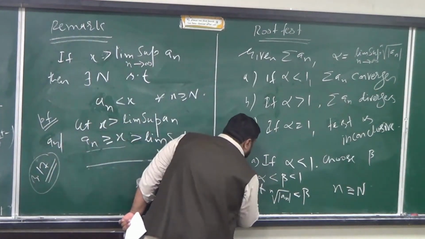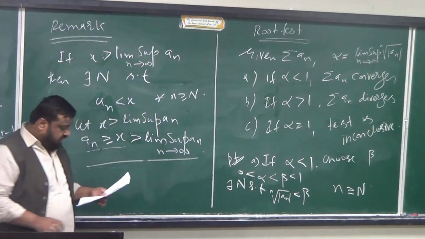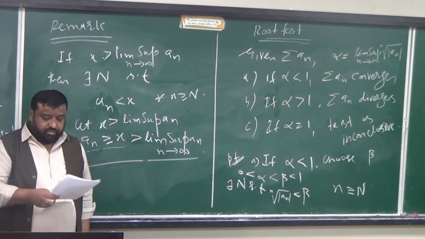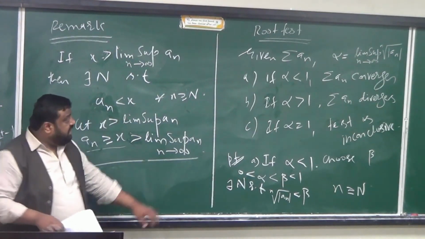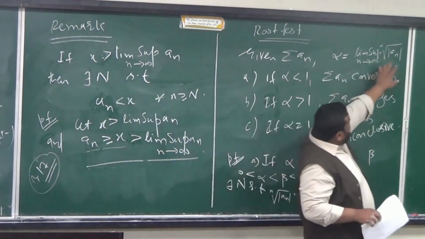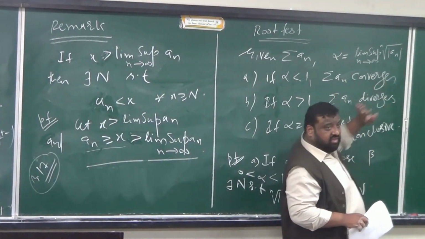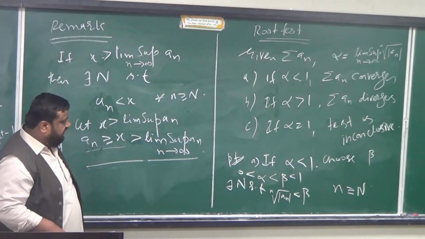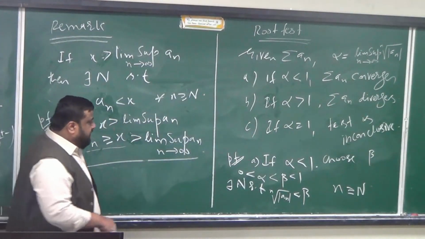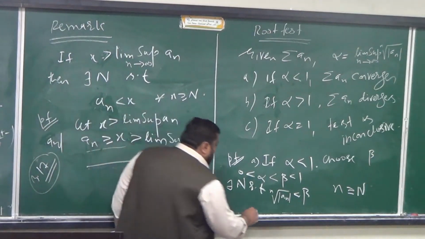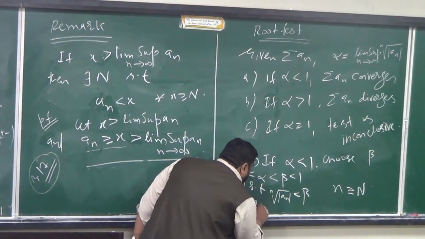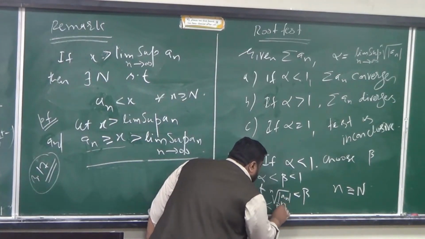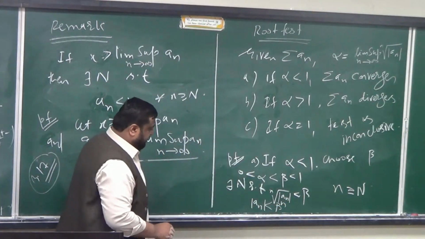So if this is the case, just think about it. This is going to be bigger than 0. You believe that this is going to be bigger than 0? Because you are talking about positive things. But just think about what we get. So you have an less than beta to the n.